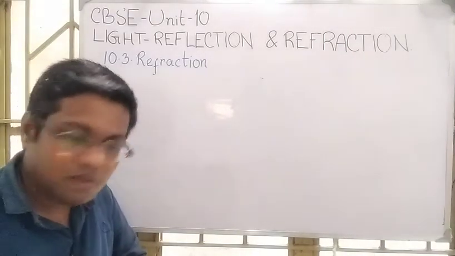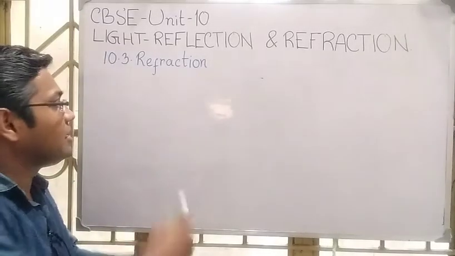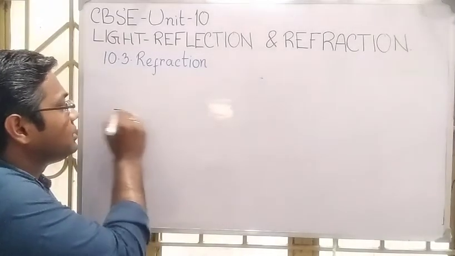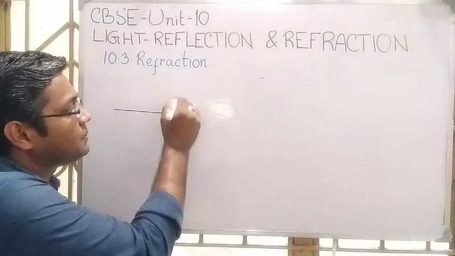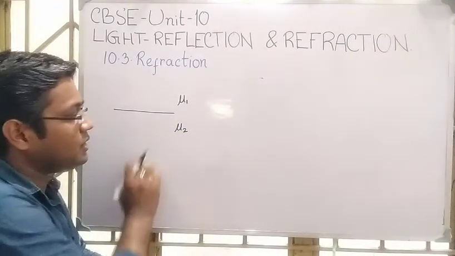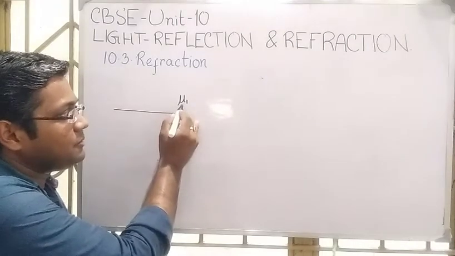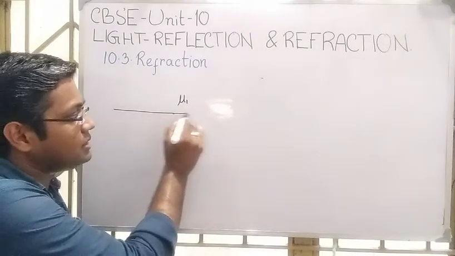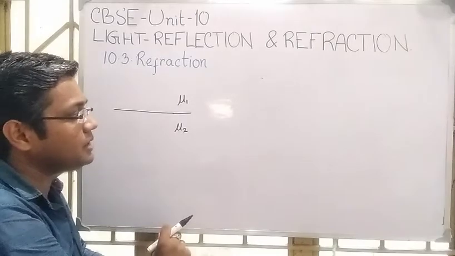Okay. Now I am asking, what is the second law of refraction? Let me draw. It is an interface. This is the medium of refractive index mu1 and this is the medium of refractive index mu2.